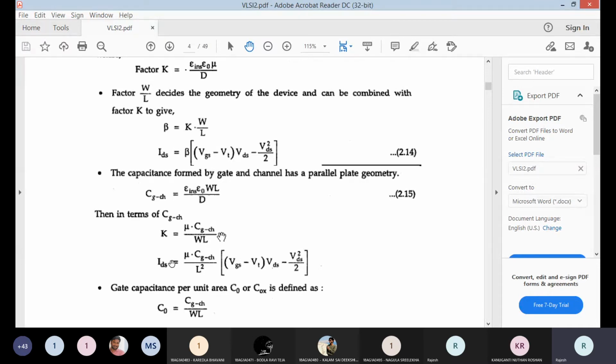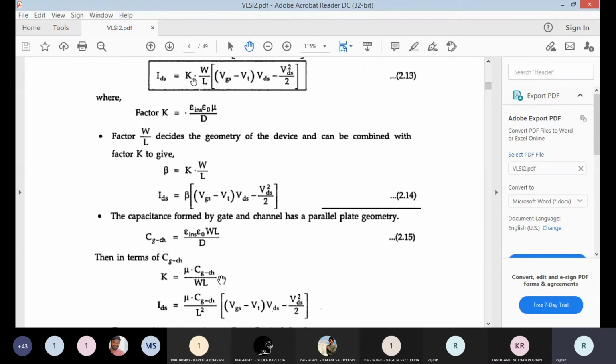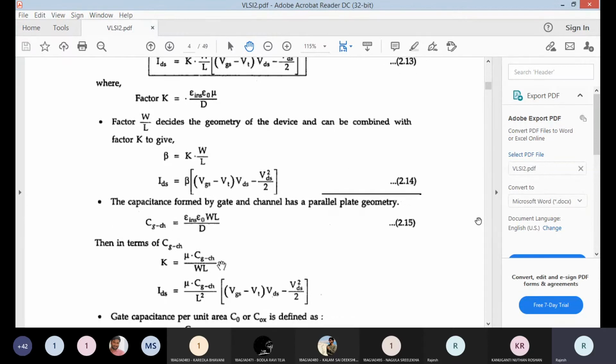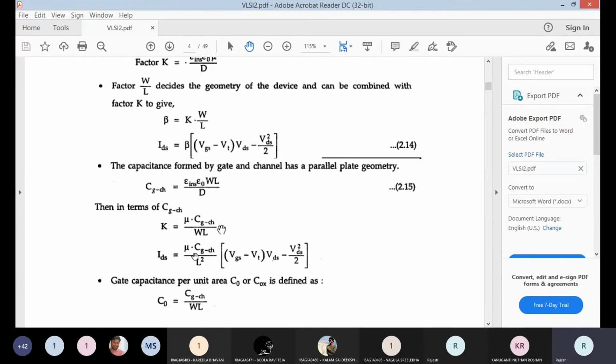So substitute this K value in the equation where we are having an equation for K. You substitute that value in here. So you get one more equation showing the current in terms of gate capacitance.